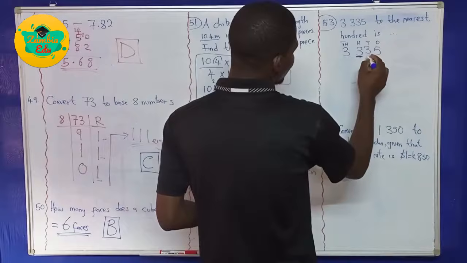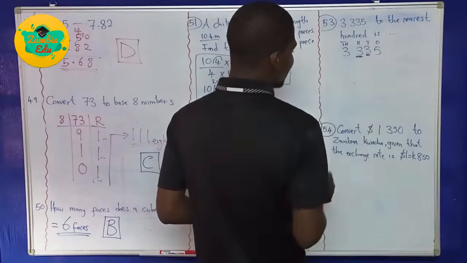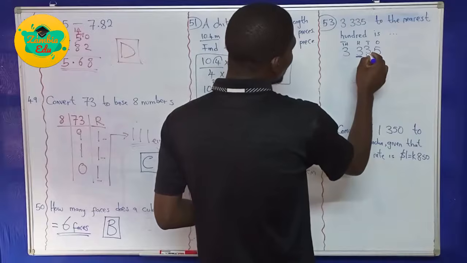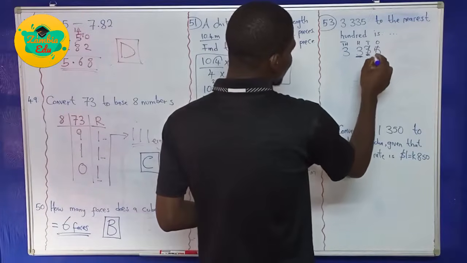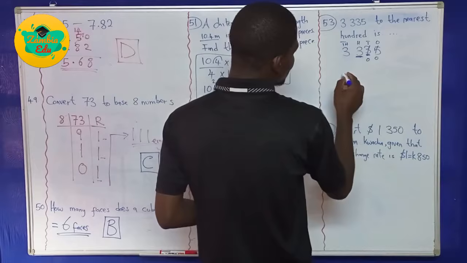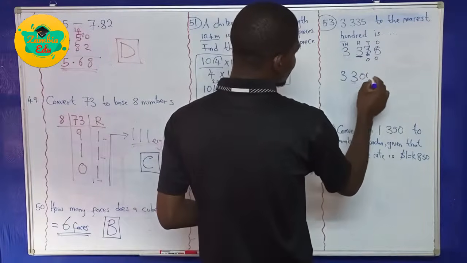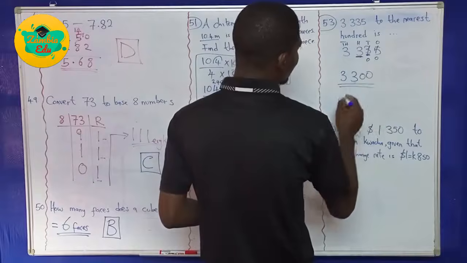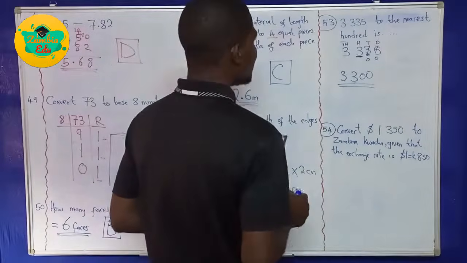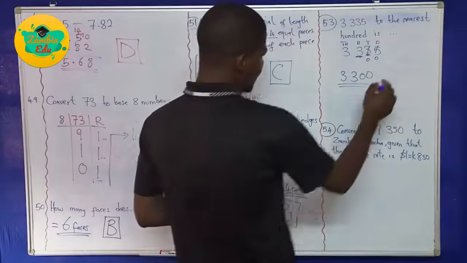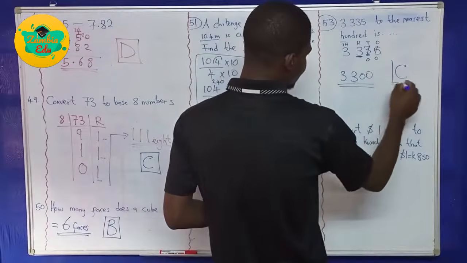Therefore, the 3 right before the 100 becomes the round off figure. Because that 3 is below 5, we just cancel it and we replace them with the zeros. So we're looking at the nearest 100 being 3,300, and that becomes the number to the nearest 100, and 3,300 was represented as option C.